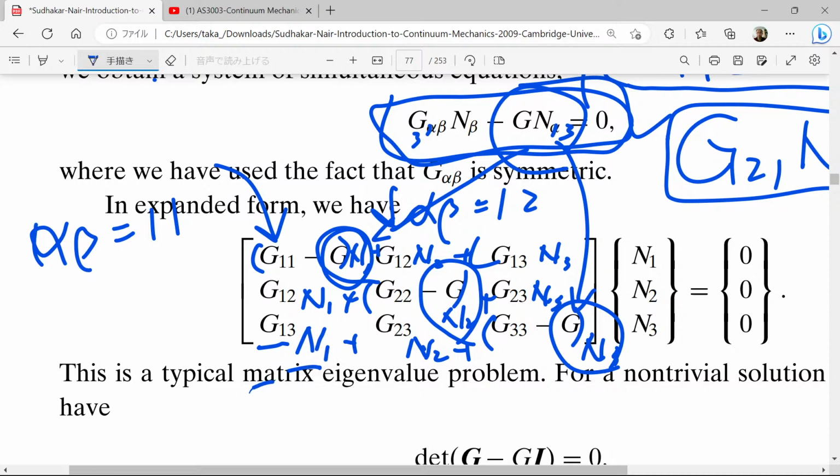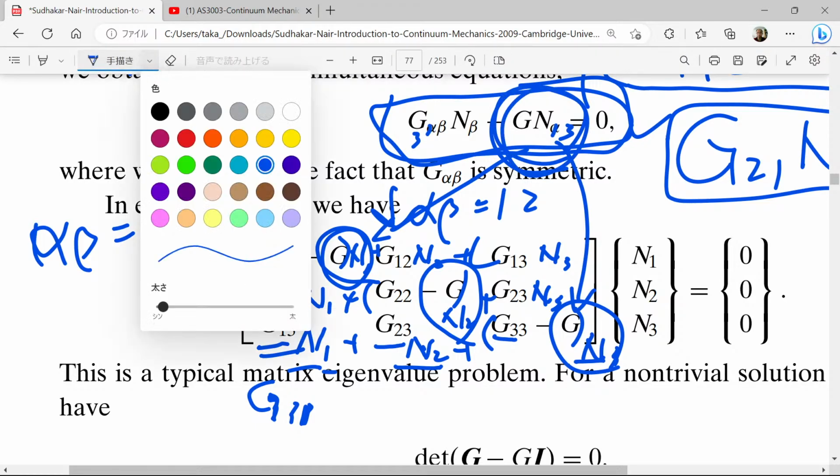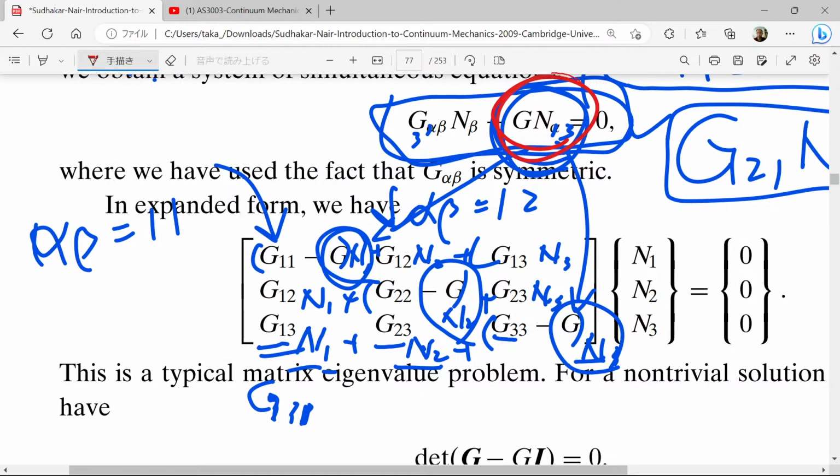Actually, this means g31. g13 equals g31. So g31n1, g32n2, g33n3. Then for this extra one, you have here.